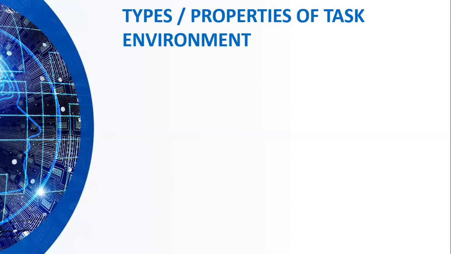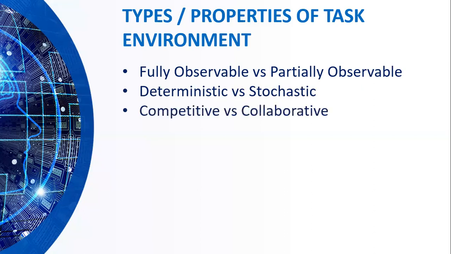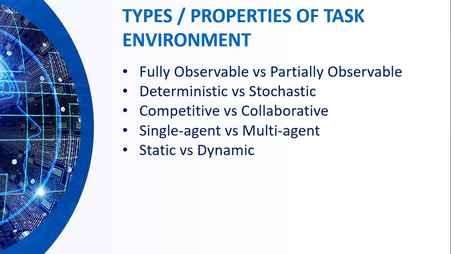Next, we are going to see about types of task environment. Fully observable versus partially observable. Deterministic versus stochastic. Competitive versus collaborative. Single agent versus multi-agent.